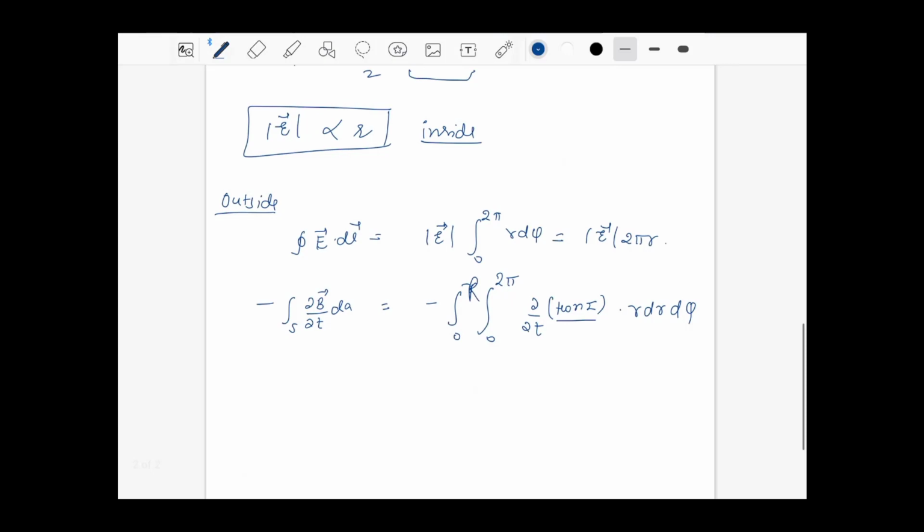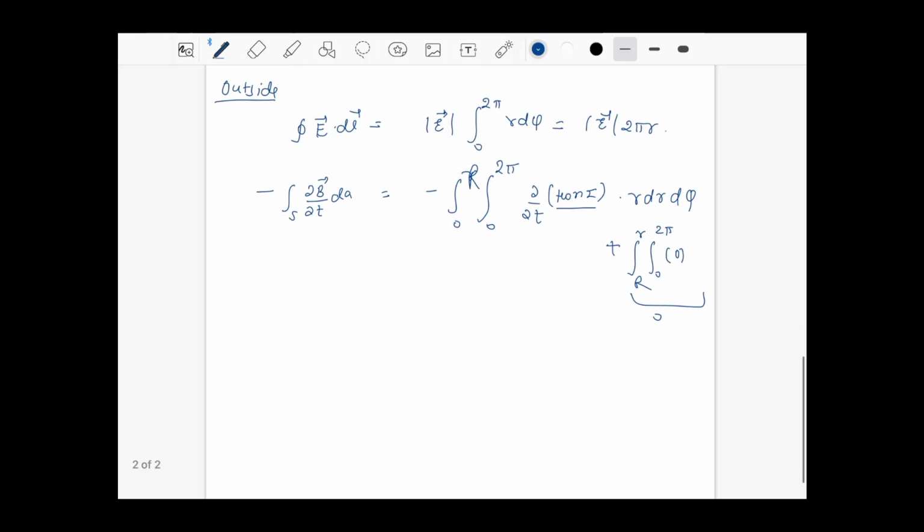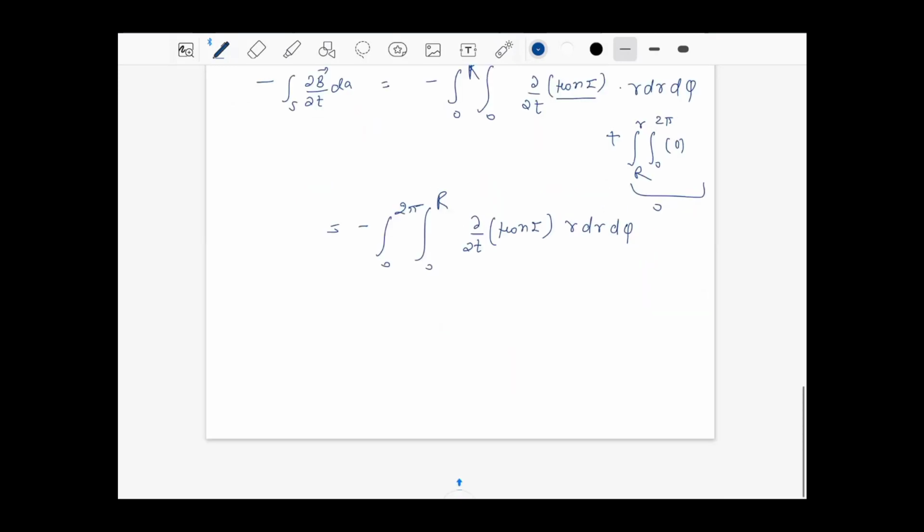So basically from 0 to r it is finite, but from r to R, all these quantities become 0, so this integral becomes 0. So this quantity becomes minus the integral over 0 to r, 0 to 2 pi, of d by dt of mu naught n I times r dr d phi.